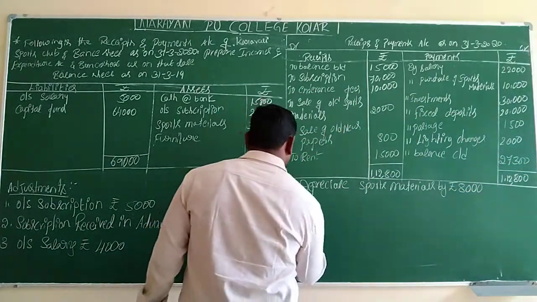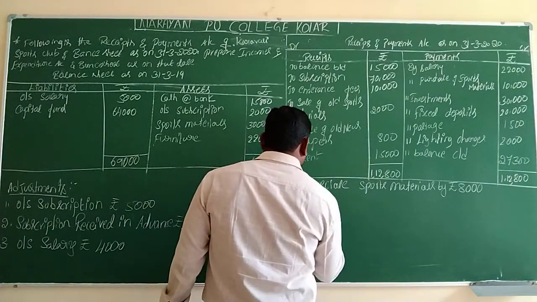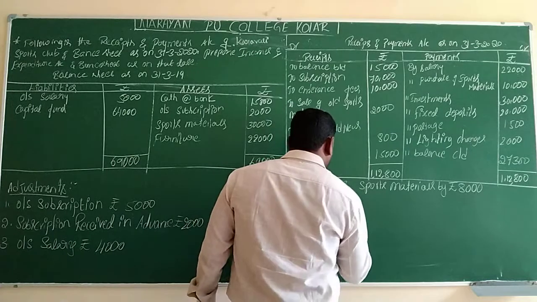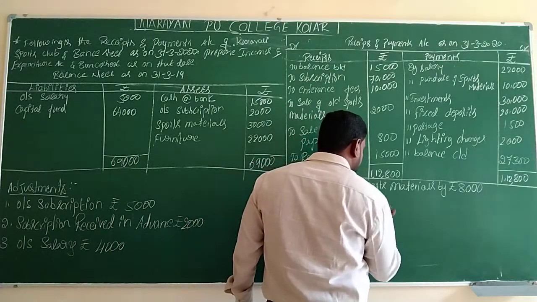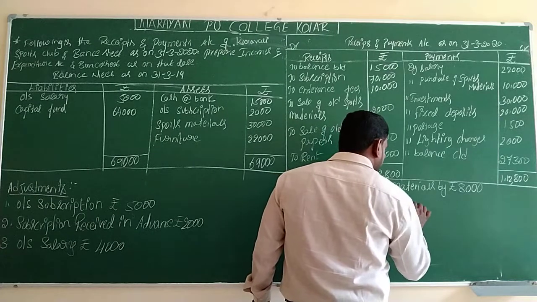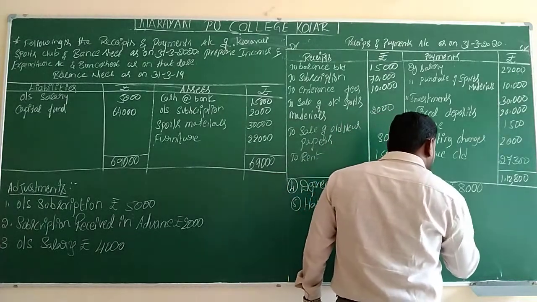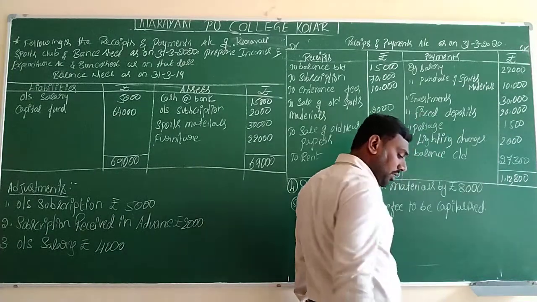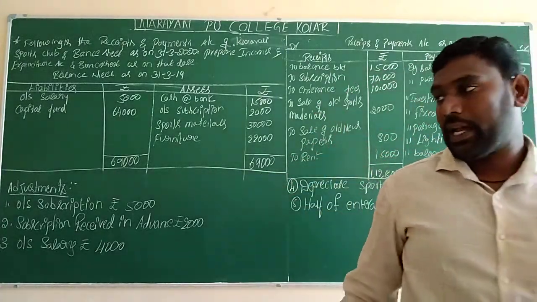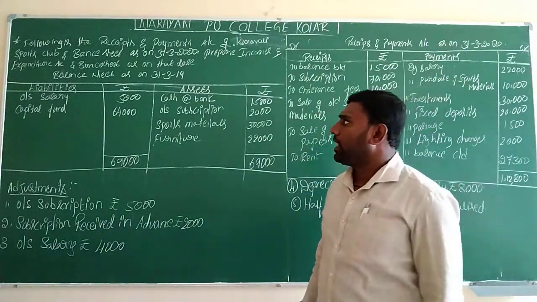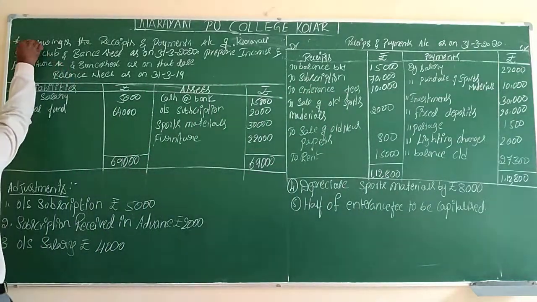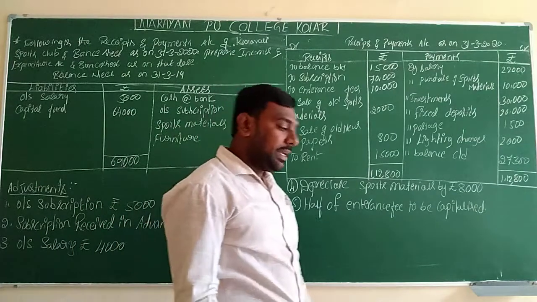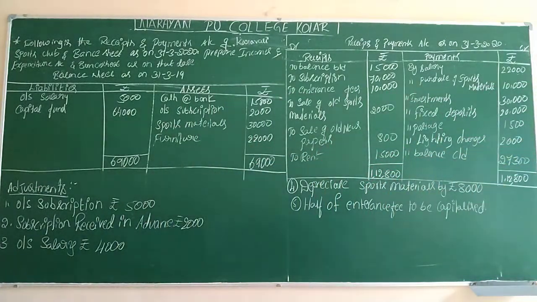Next, point number 5, half of the entrance fees to be capitalized. Okay, this is the question given. First we have to observe the question and read what information is given, and finally analyze and interpret the solution.